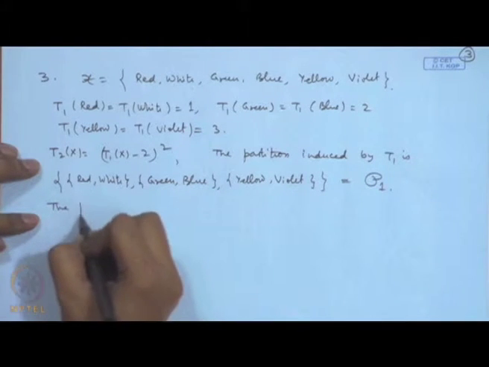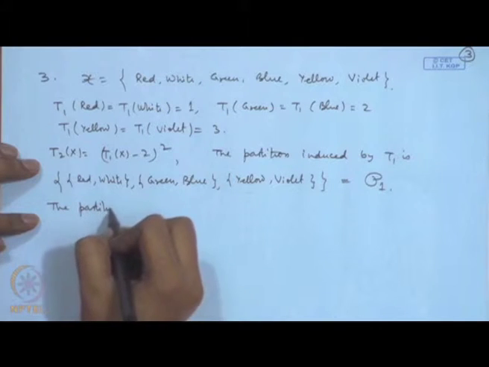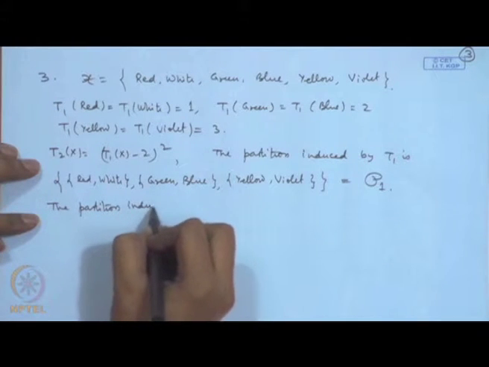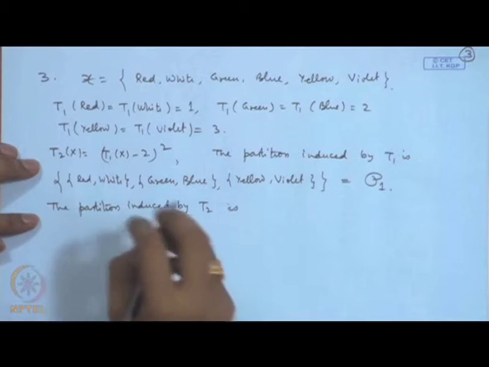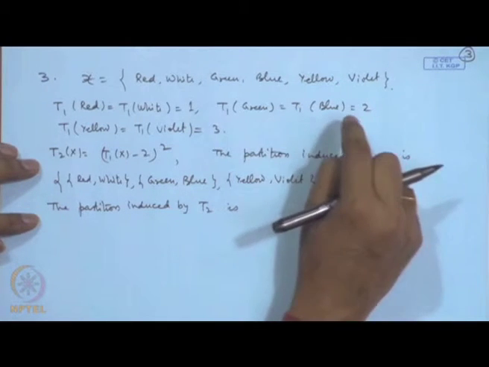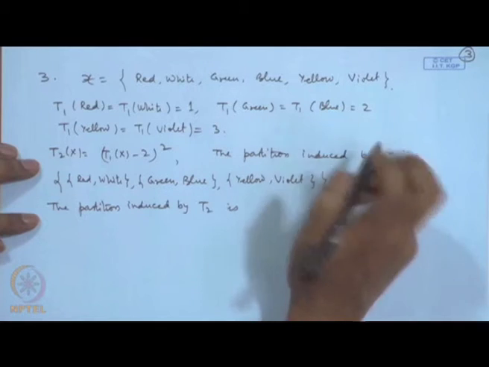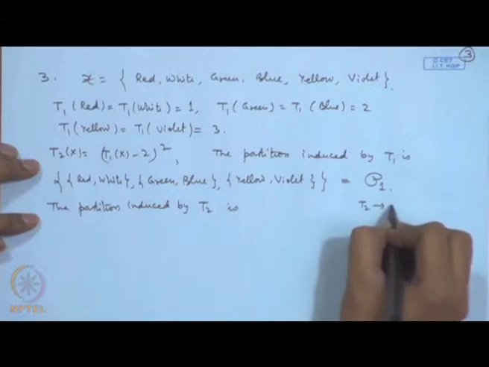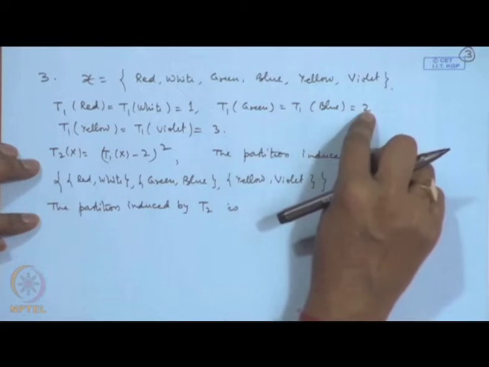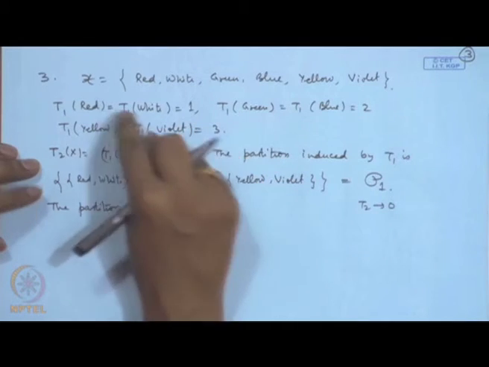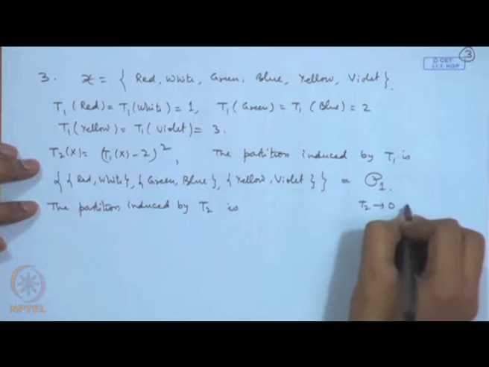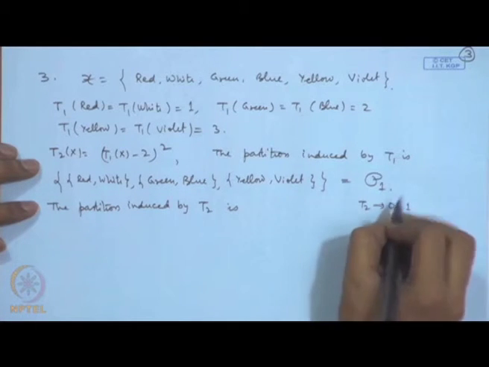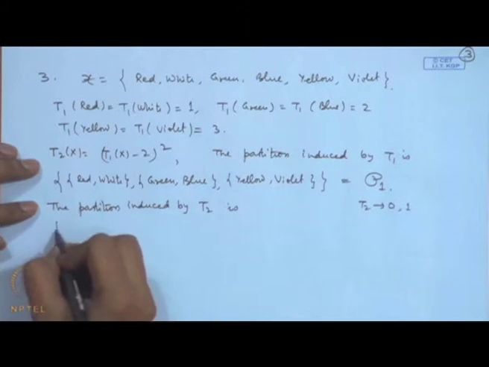Let us also find out the partition induced by T2. Now, let us see. T2 can take value 0, that is when T1 is equal to 2, and when T1 is equal to 1 or 3, T2 is taking value 1. So, the value 0 corresponds to green and blue.